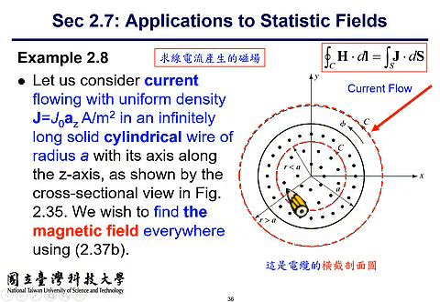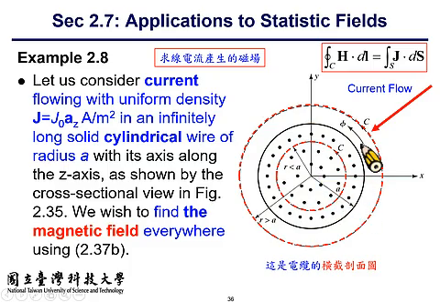Here you can see the coordinates are labeled X, Y, and Z. Use your right hand to check the correctness of the drawing, that is X cross Y toward the Z direction. And this illustration tells you that the radius of the current wire is A.